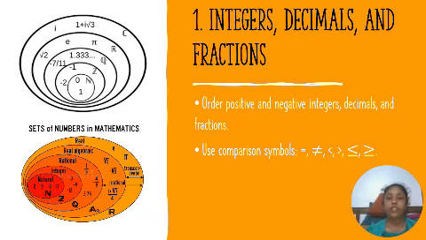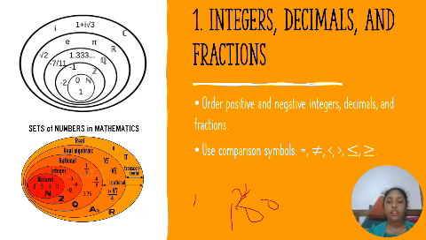So first, integers. Give me some examples for integers, decimals and fractions, dear. Integers are like 1, 100, 22, like that.